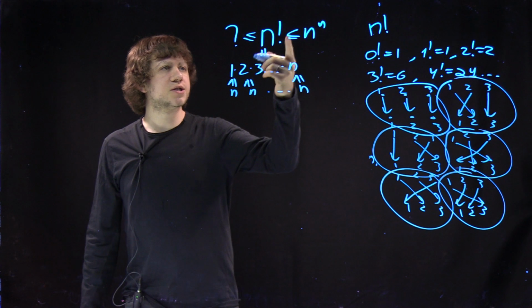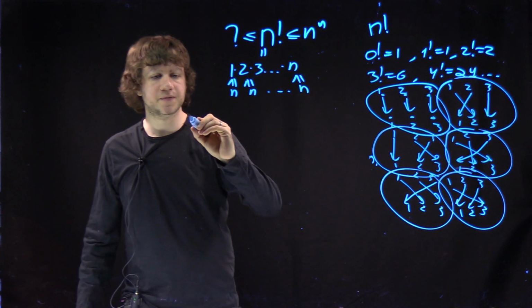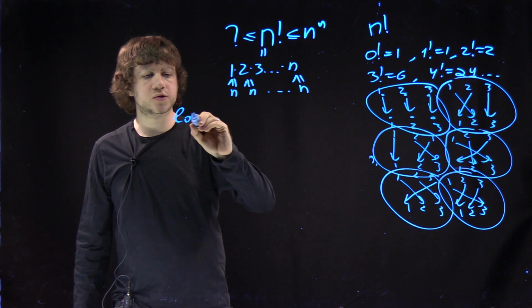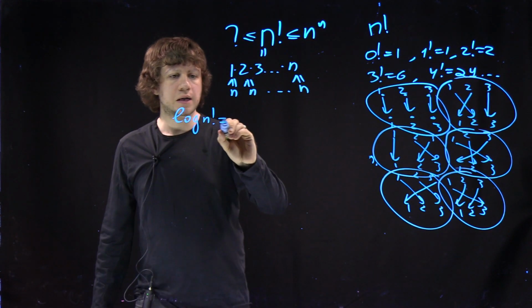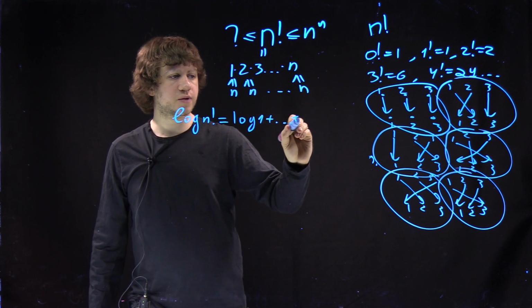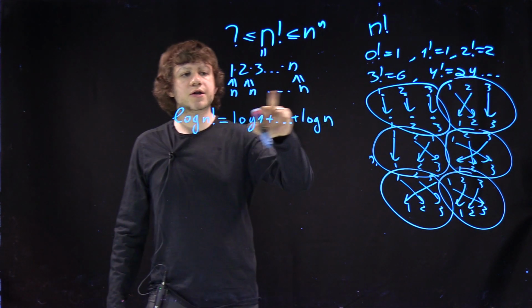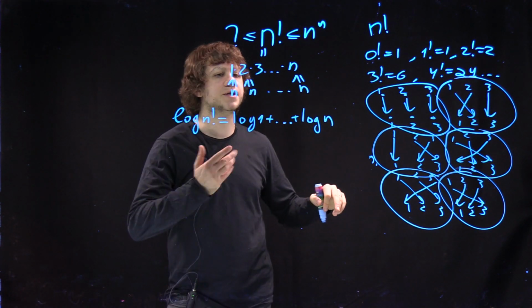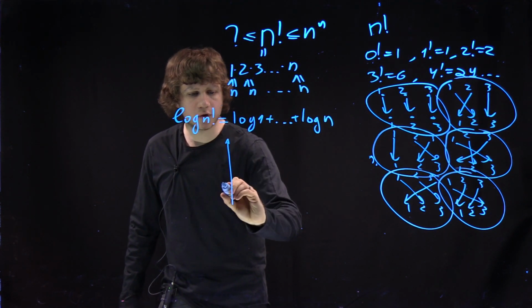For that, if n factorial grows very fast, let's take the logarithm of it. The logarithm of n factorial is a sequence which is expected to grow much slower, and it equals logarithm 1 plus dot dot dot plus logarithm n. And this sum actually looks a little bit like a sum in the integral. So let's draw a graph of this function.